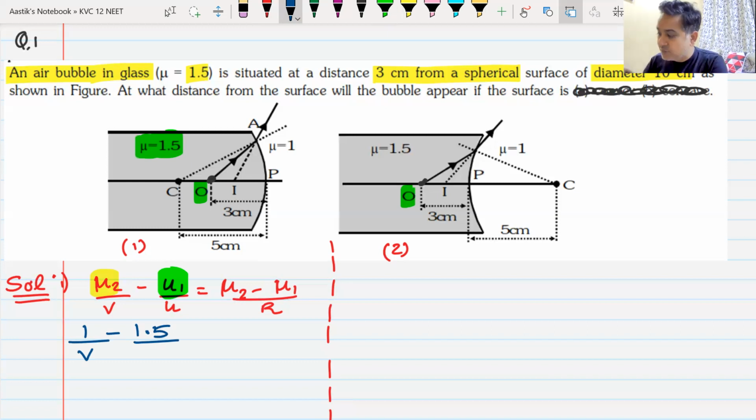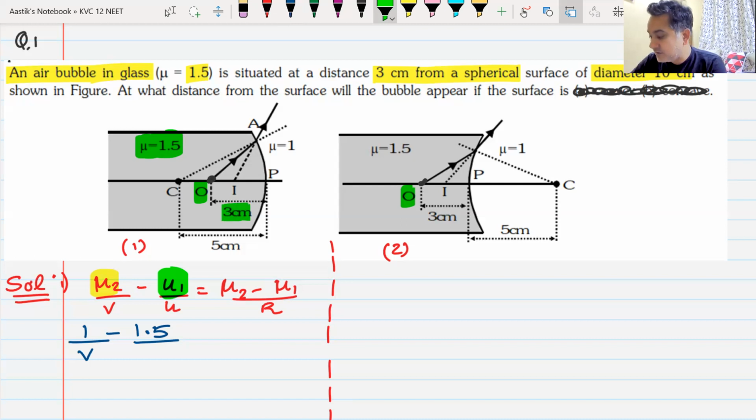What is the value of u in this case? U is the distance of the object from the pole.